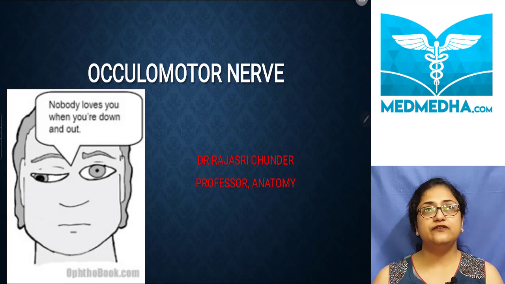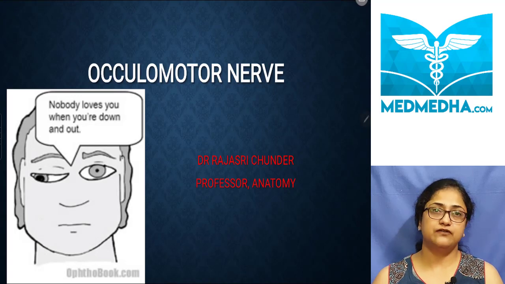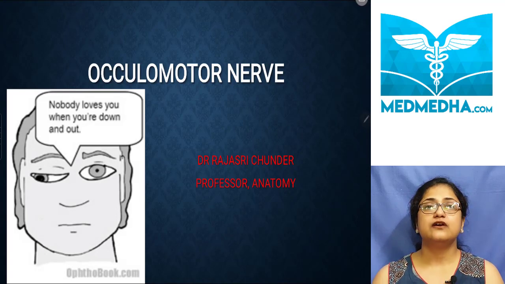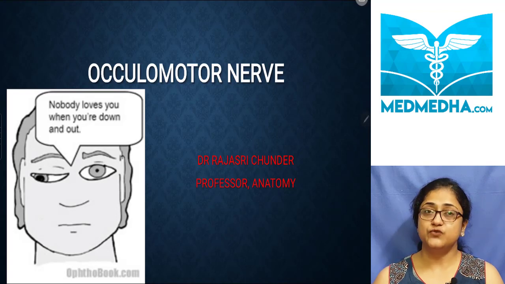Next we will study the functional component of the oculomotor nerve. Since it is a purely motor nerve, we know that in the functional components there are three types of motor functional components. One is the somatic efferent, which supplies the muscles derived from the somites.